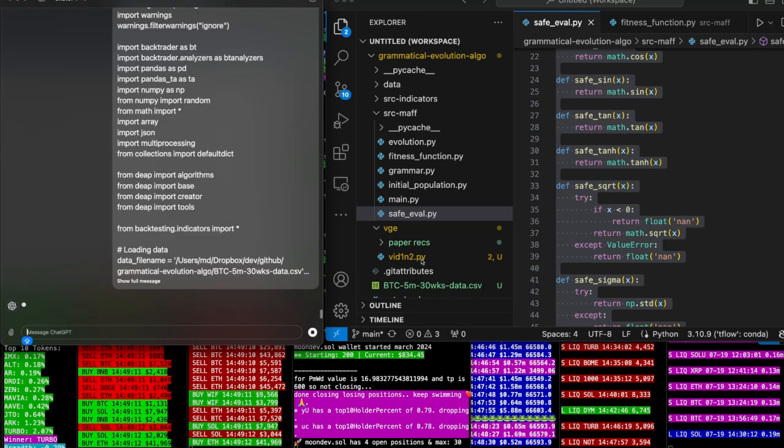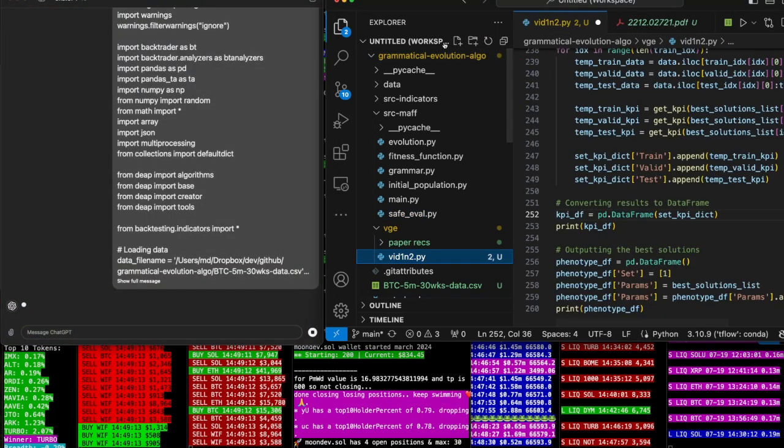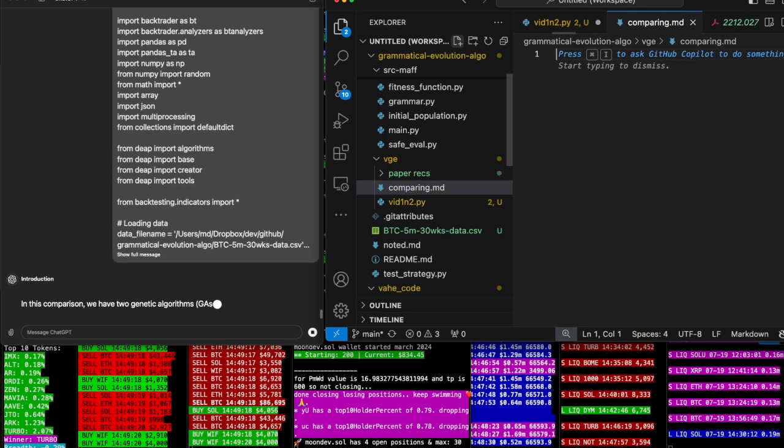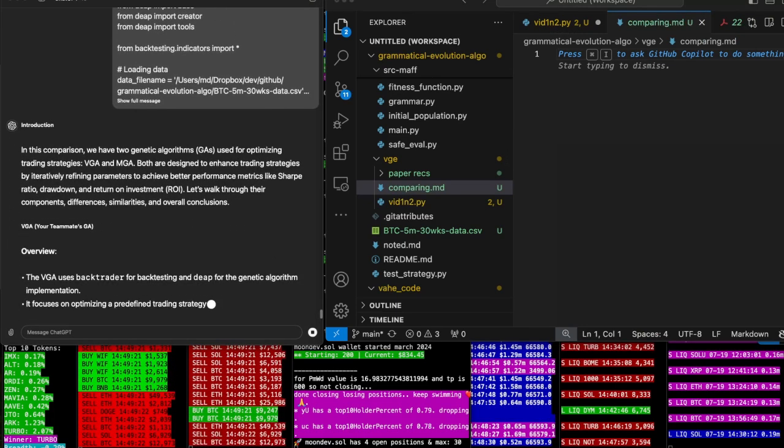Okay, perfect. Let's say comparing and contrast. Comparing dot MD. Yeah, that does stand for MoonDev, bro.